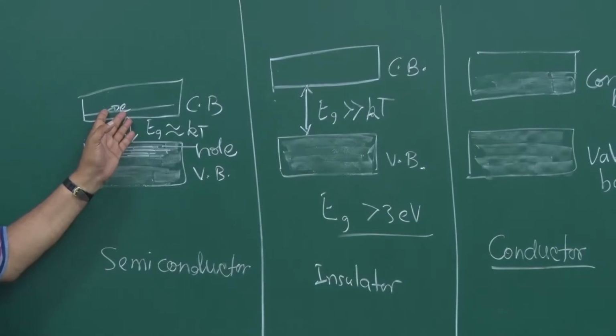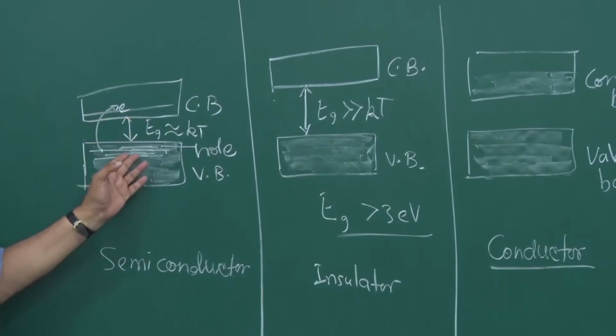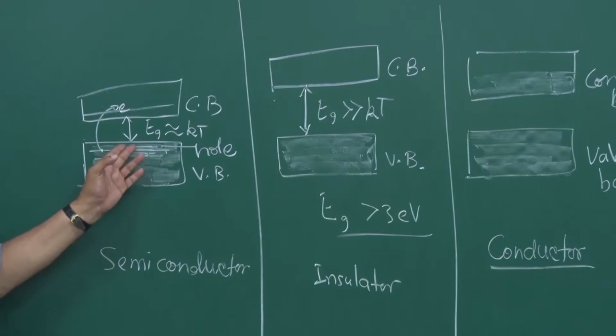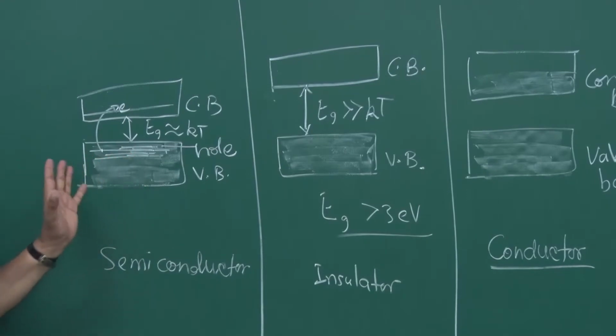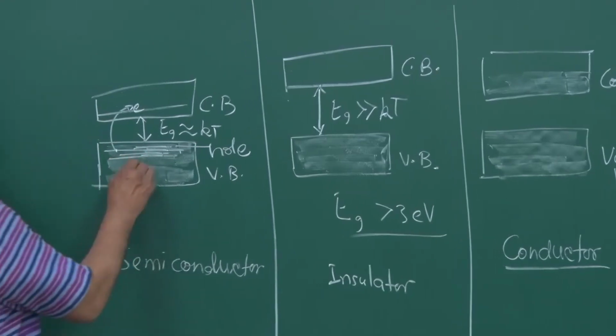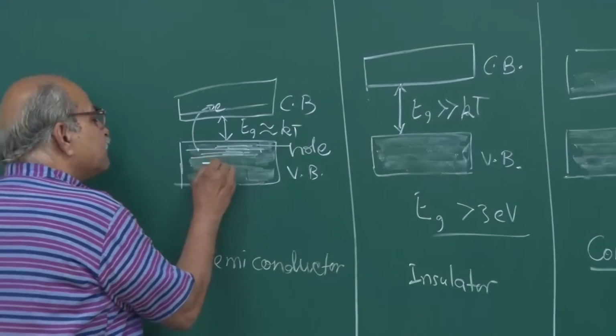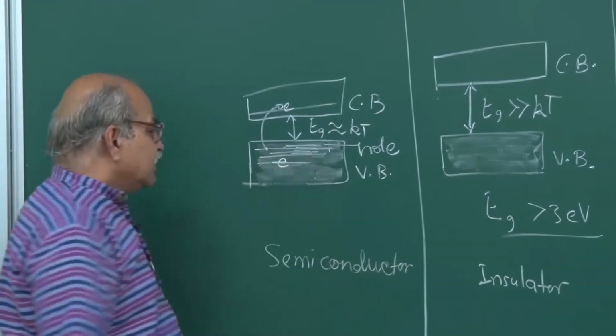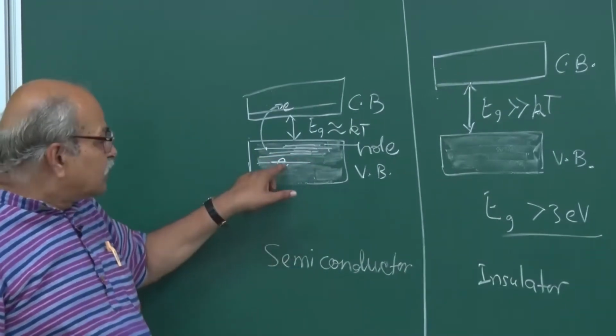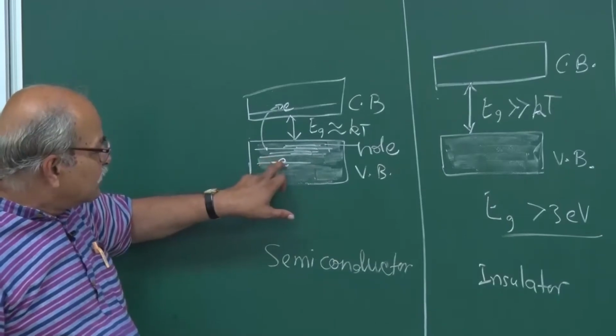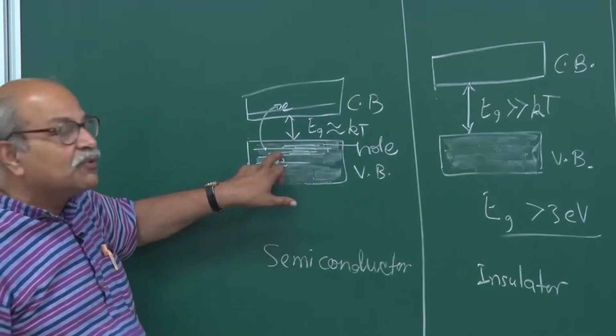And also, since now there are some quantum states here which are empty, because electrons have gone, if you apply an electric field and you have an electron here, in this neighborhood you also have an empty quantum state.